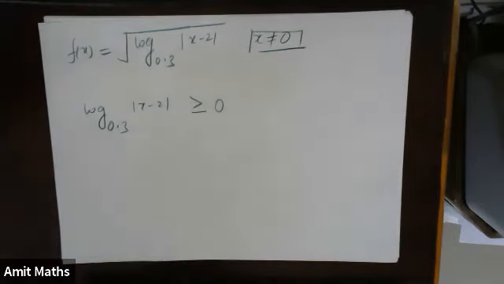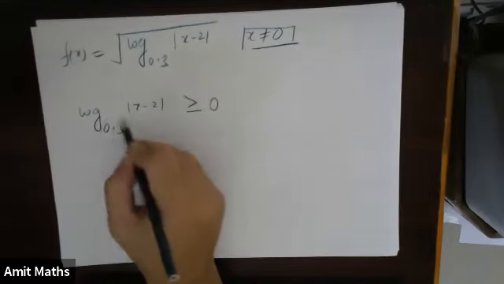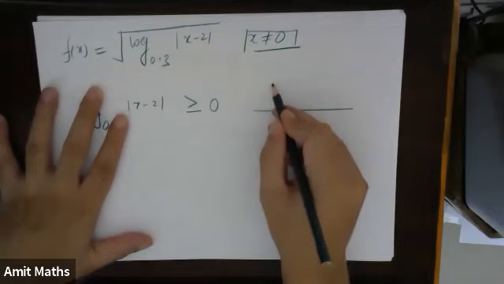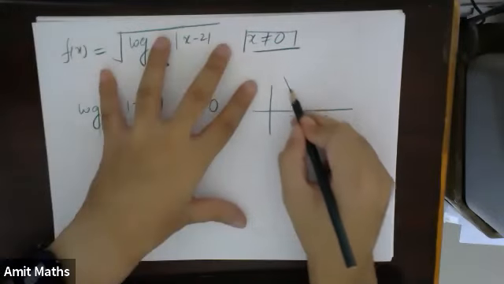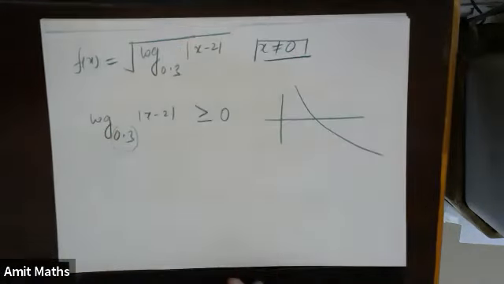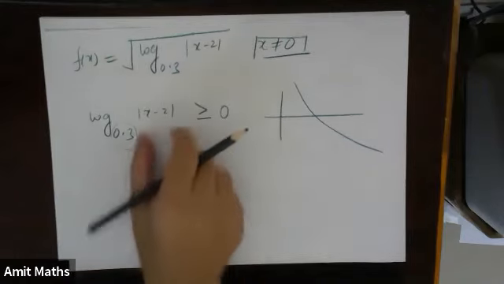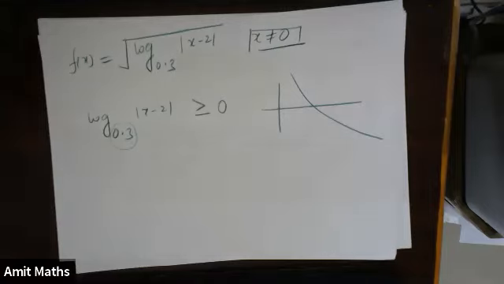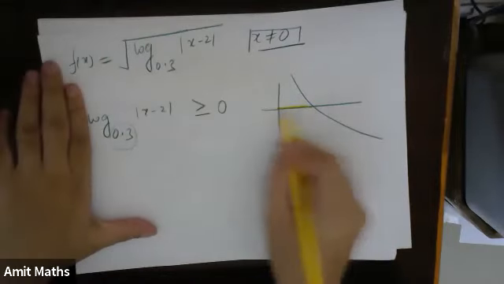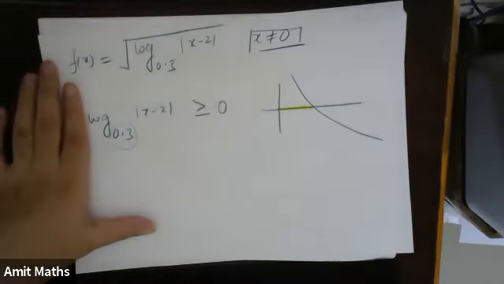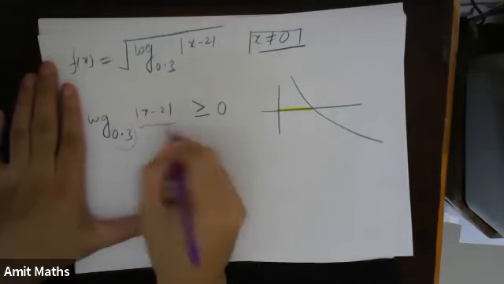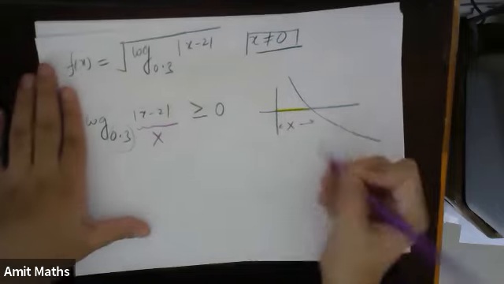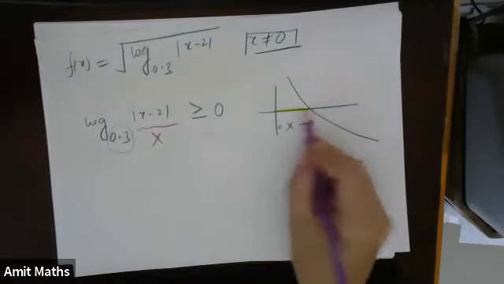Okay. Now this is a perfect example of a weak base. This is a weak base, right? For a log with a weak base the graph will look something like this. Whenever this whole part is greater than or equal to 0, suppose I am treating mod of x minus 2 as capital X. So this should be the range of capital X, the values which capital X can take.